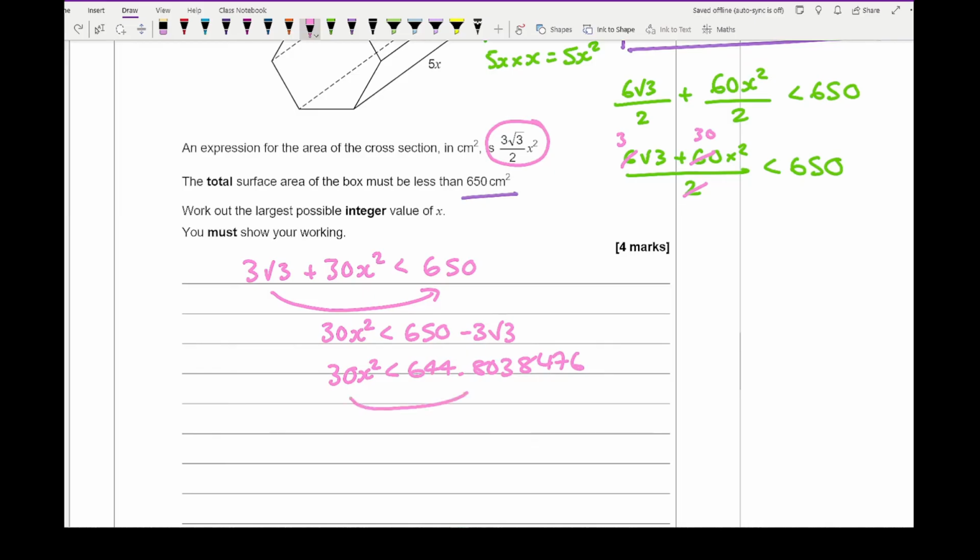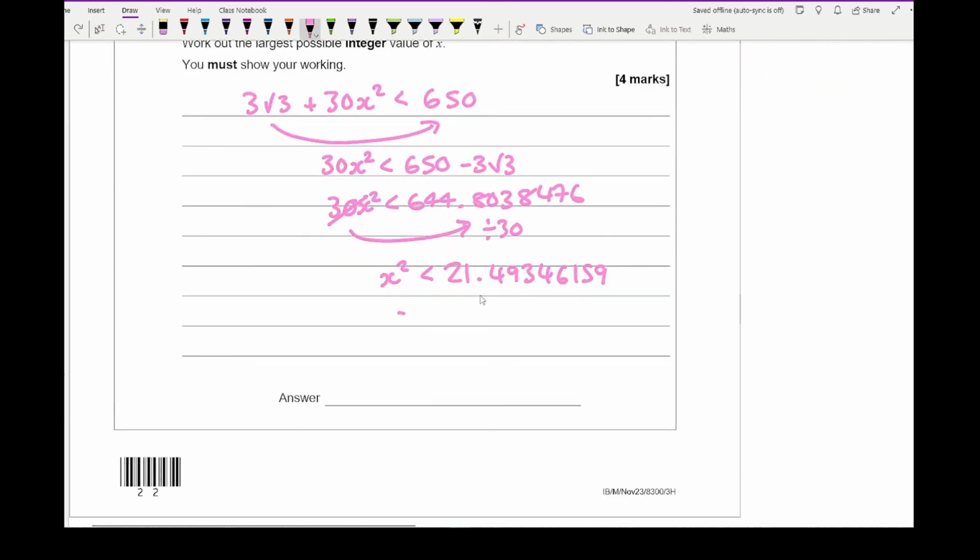I take the 30 over to the other side by dividing by 30, and that number's still on my calculator, so divided by 30, that gives me an x squared value of less than 21.49346159. And then to find the value of x, I need to just square root it. So I've got the square root of the answer, and I get 4.636104 and so on. Now the question is asking me what's the largest possible integer. Well, the largest integer it can be is going to be 4.